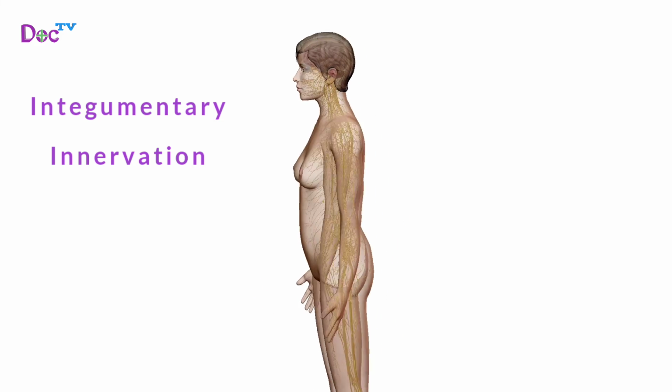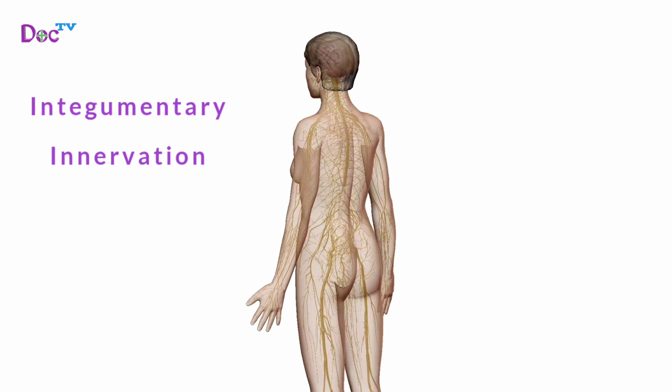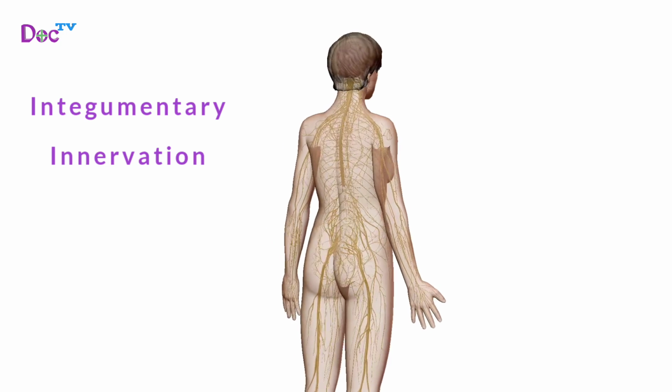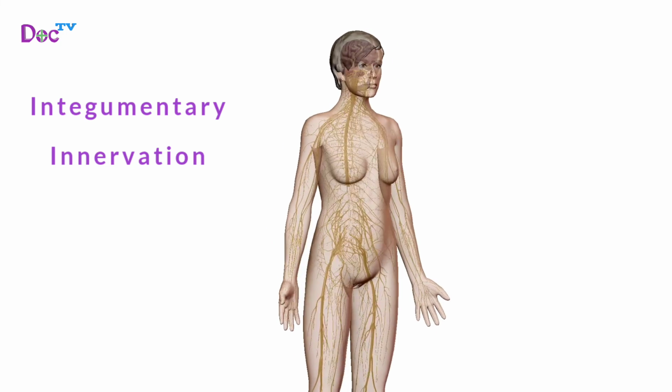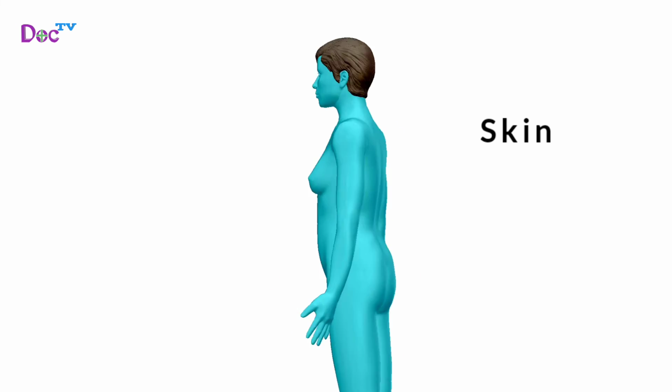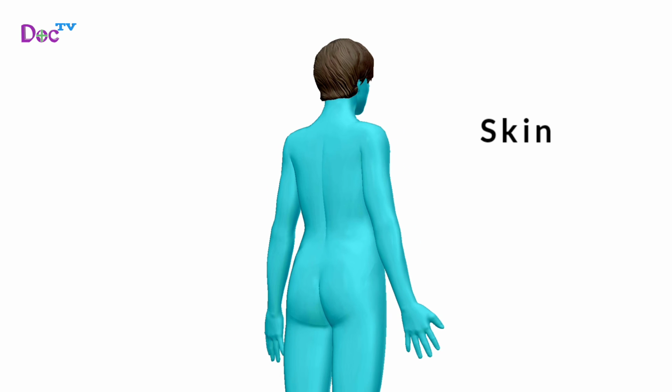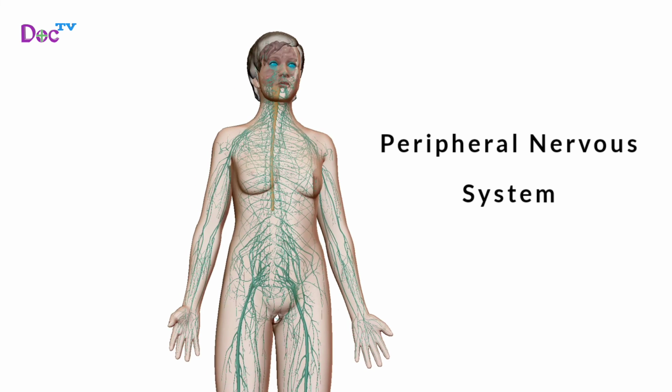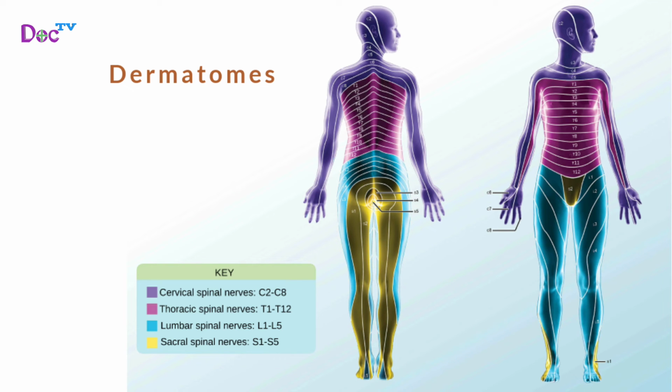Integumentary innervation. Sensory receptors in the skin pass signals to nerves of the peripheral nervous system. Now comes the last topic, dermatomes. A dermatome is a region of skin that is innervated by the sensory fibers from a single spinal nerve. Sensory signals travel from the skin through the dorsal root of the spinal nerve into the spinal cord and up to the brain.